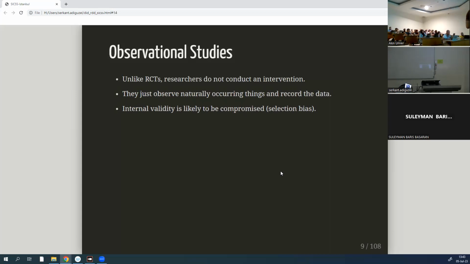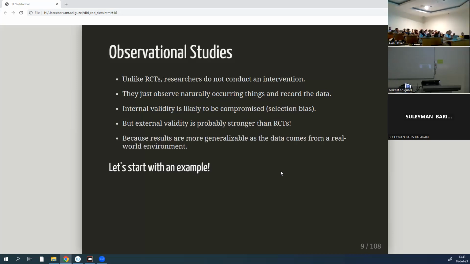So that's why internal validity is more likely to be compromised in an observational setting. Though the external validity, which means the results can be more generalizable, is better. There's a whole discussion about these things, and if you want to know more, I can direct you to some readings. But the problem in observational settings is that we simply have no control in the data generating process.